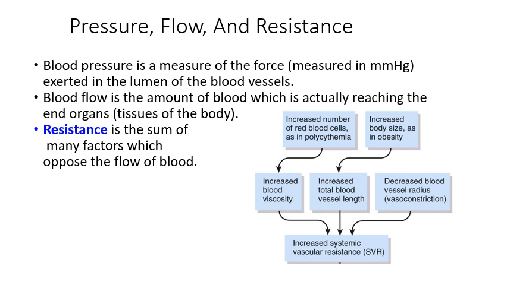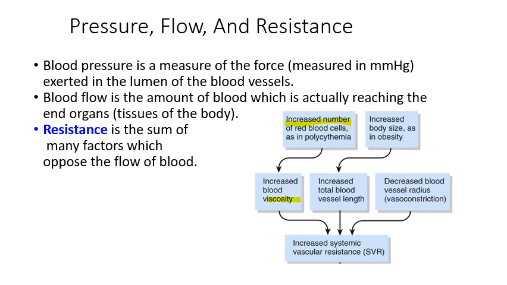And then resistance is a measure of things that oppose the flow of blood, so things that can stop the flow of blood. Things that can increase overall resistance are things like an increased number of red blood cells. If we have an increased number of red blood cells, that's going to make the blood a little bit thicker, and that's increased viscosity here.